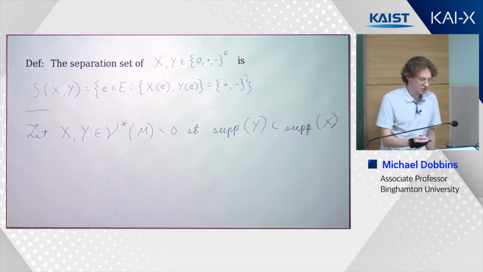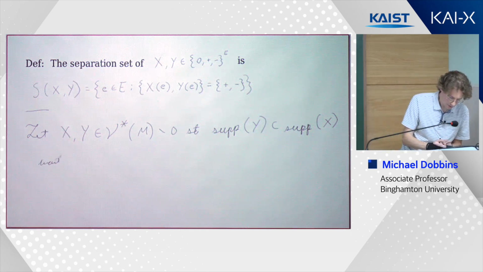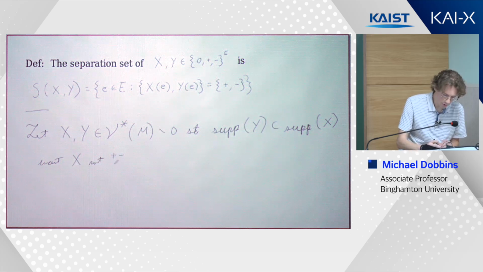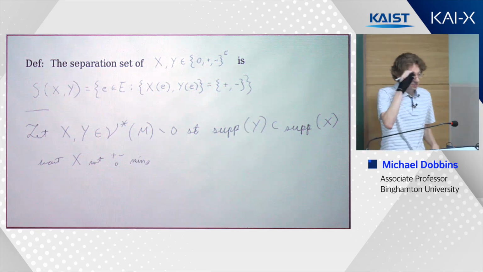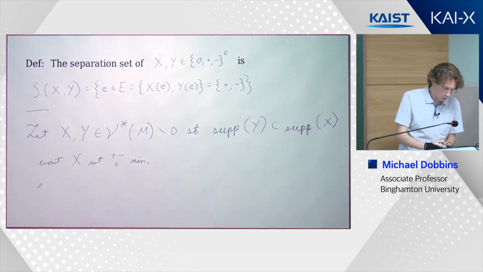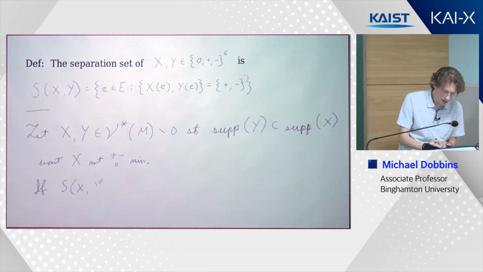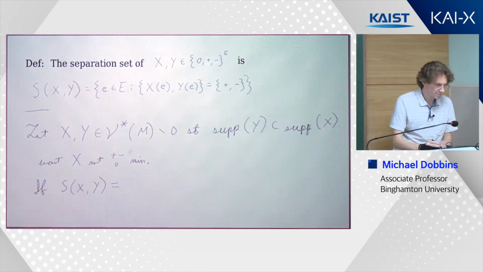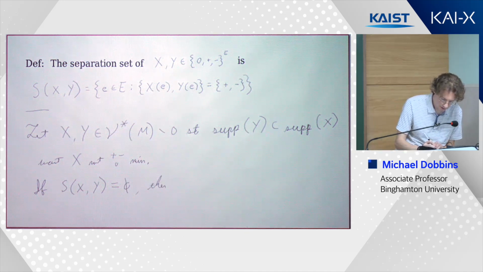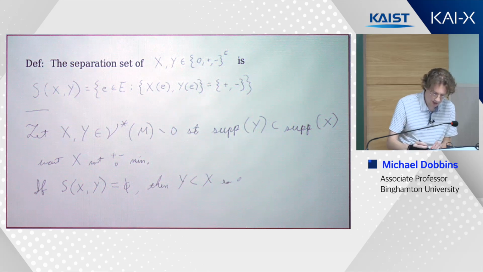We want to conclude that x is not minimal with respect to this poset. Well, one possibility is that their separating sets are empty. But in that case, y is strictly less than x, so then x is not minimal.